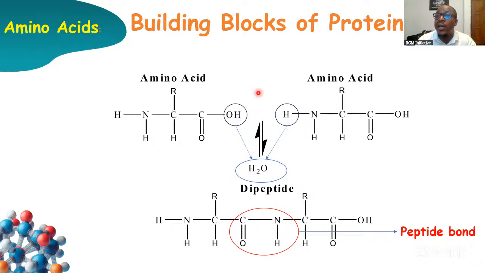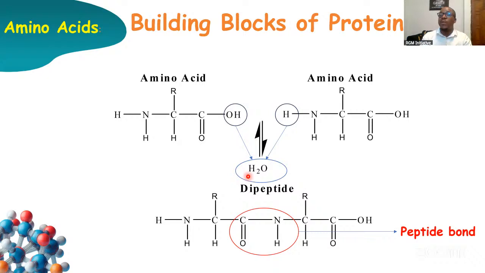Now, the hydroxy group is removed from the carboxylic end of one amino acid, while we remove hydrogen from the amino end of the other amino acid. If we remove this hydroxy group and hydrogen, we will produce water.